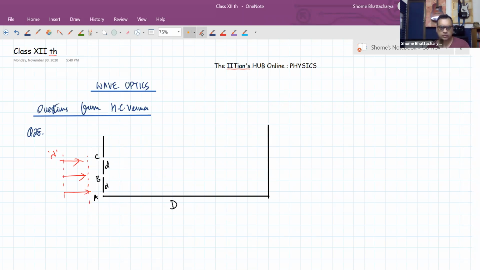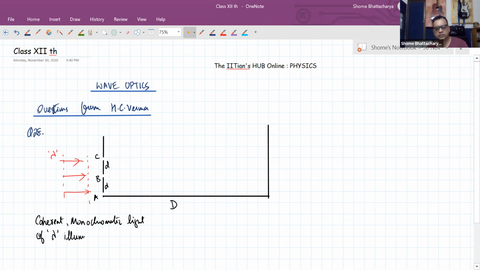Okay. So there is coherent monochromatic light of wavelength lambda illuminating the 3 slits A, B and C.